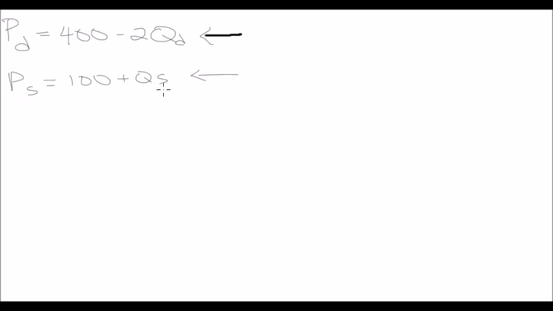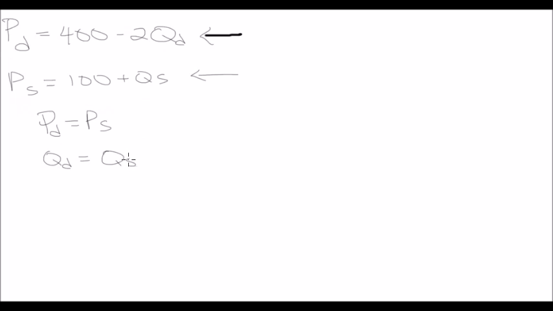Now you might look at these two equations and say, oh no, I have two equations but four unknowns. And this is where you add basically two equations to this system, and we almost never write them out because it's a little silly to write them out. If we have market equilibrium, it means that the price demanded is equal to the price supplied, and that the quantity demanded is equal to the quantity supplied.